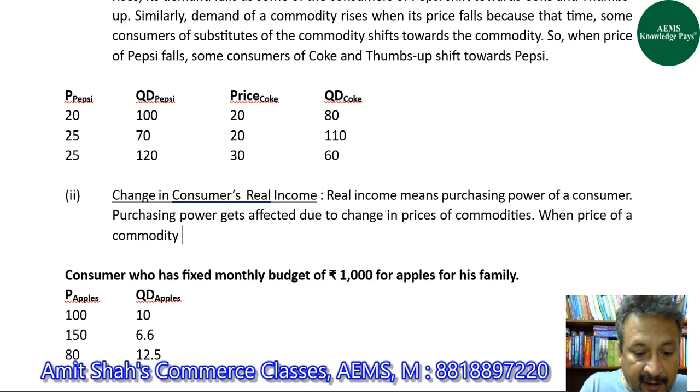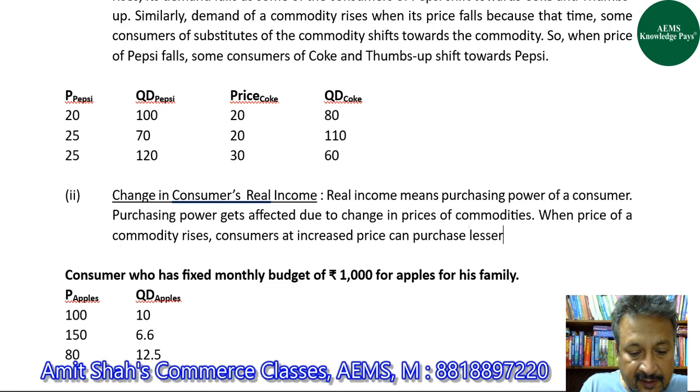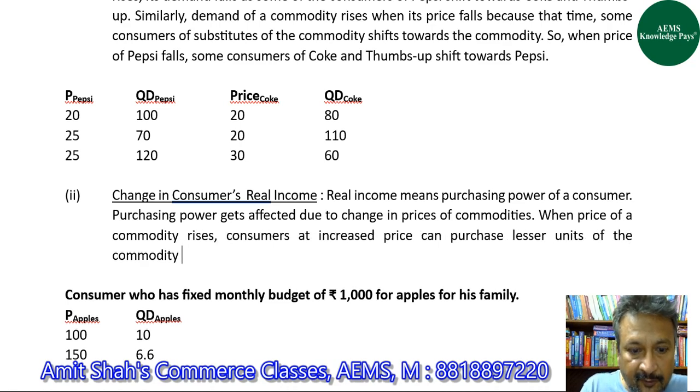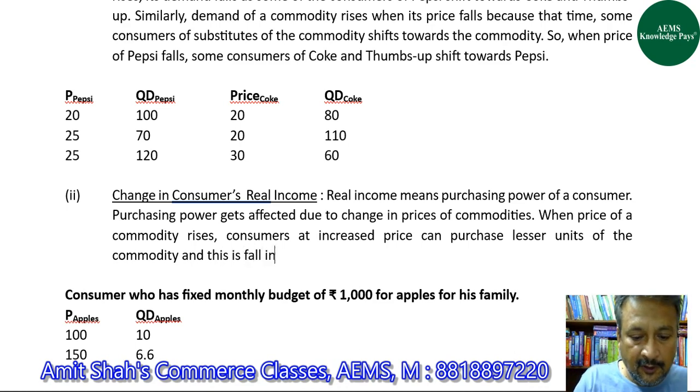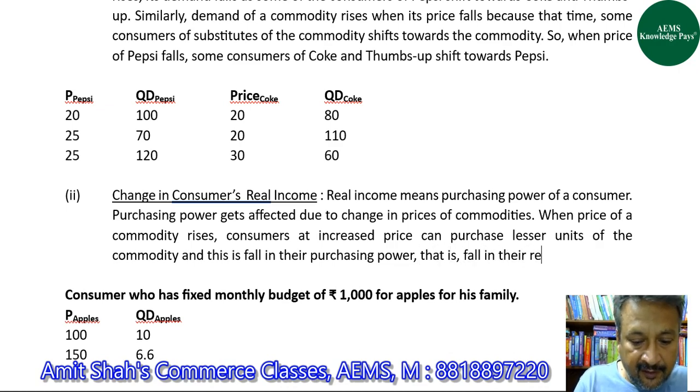When price of a commodity rises, consumers at increased price can purchase lesser units of the commodity, and this is fall in their purchasing power, that is fall in their real income.